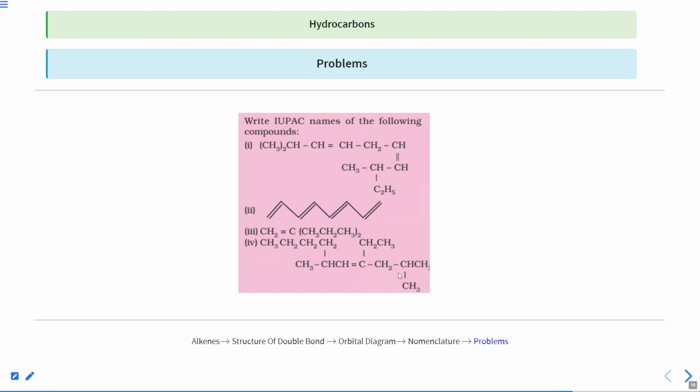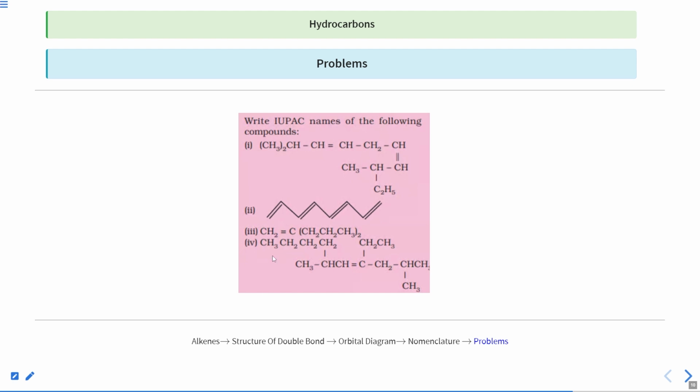Okay. What is the number of carbon sigma bonds? So 1, 2, 3, 4, 5, 6, 7, 8, 9, 10, 11, 12, 13. 13 carbon bonds.